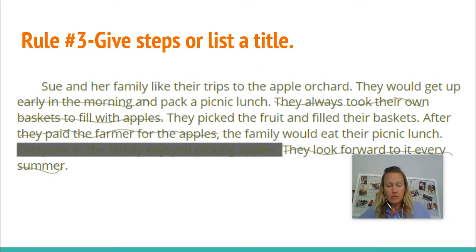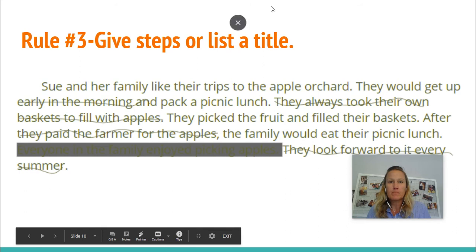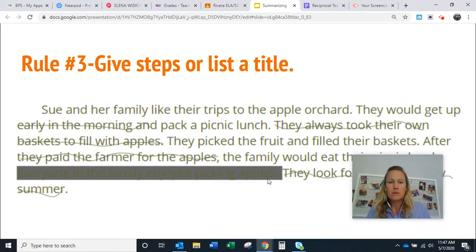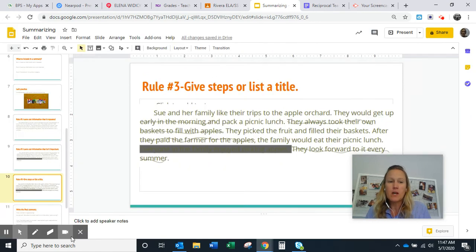When it's your turn to be the teacher. So I wrote in my notes here, some paragraphs tell you how to do something or describe something step by step. A lot of paragraphs do that, especially in your science or in your social studies. They're going to be telling you steps in a process for science.